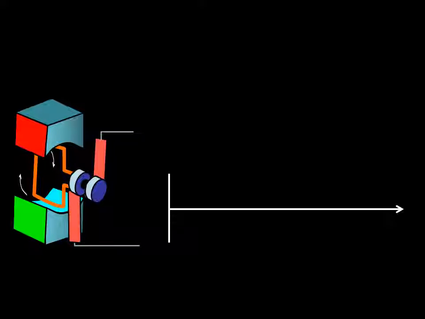I have now created a diagram with a y-axis and an x-axis. The y-axis, I'm using it to indicate current or voltage, and the x-axis to indicate time. The red and green rectangles indicate the north and south poles of a magnet.